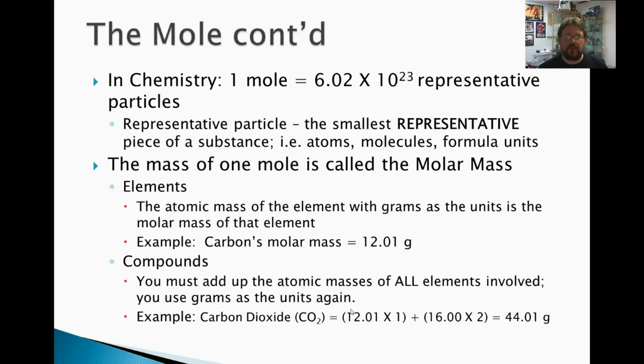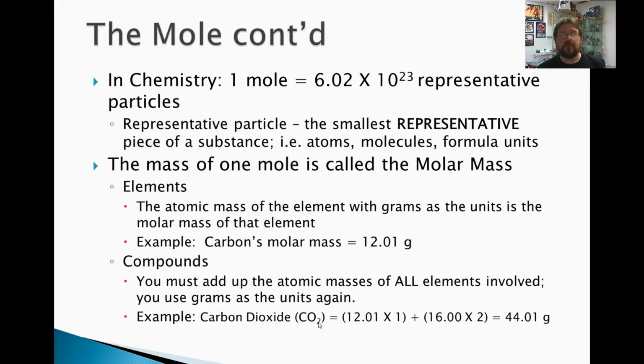So we start with carbon. It's 12.01. Now I put times 1 here. Why? Because there's only 1 carbon in the formula. So it's the mass of carbon times 1 to represent how many there are. Plus 16.00, that's the mass of oxygen, times 2. Why did I multiply it by 2?